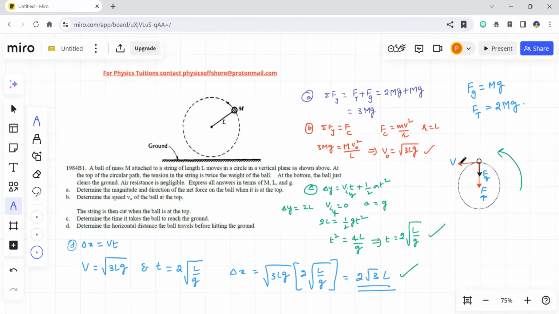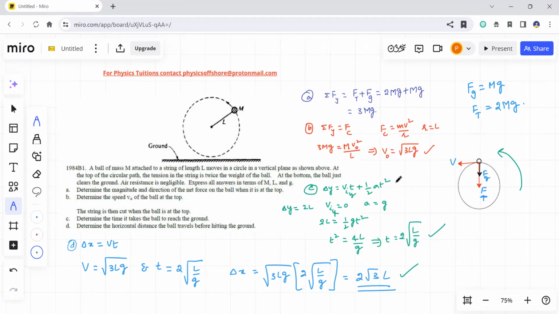When the object is in projectile motion, we have to use the kinematic equation: delta y is equal to v i t plus half a t square. Obviously here the velocity is only horizontal. Vertical velocity is 0. It has no vertical component at all at this point. Therefore, v i y is equal to 0, so the first term goes off. The object is under free fall, except gravity, no other force is acting.